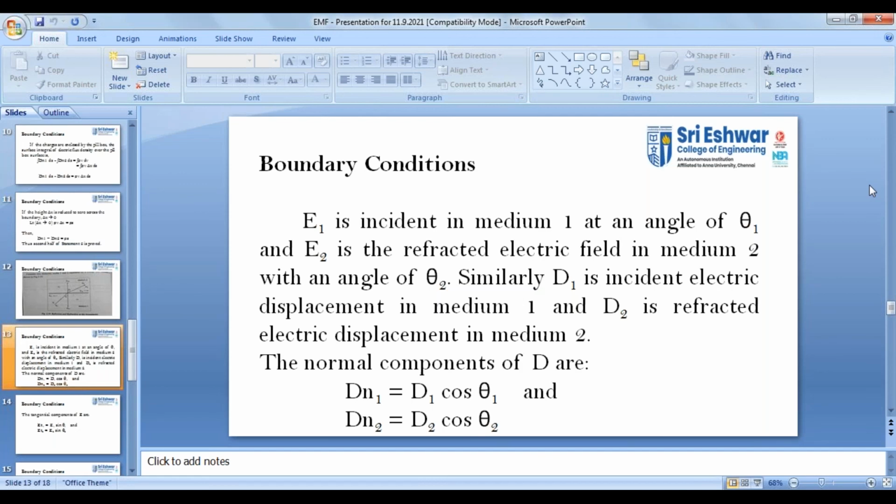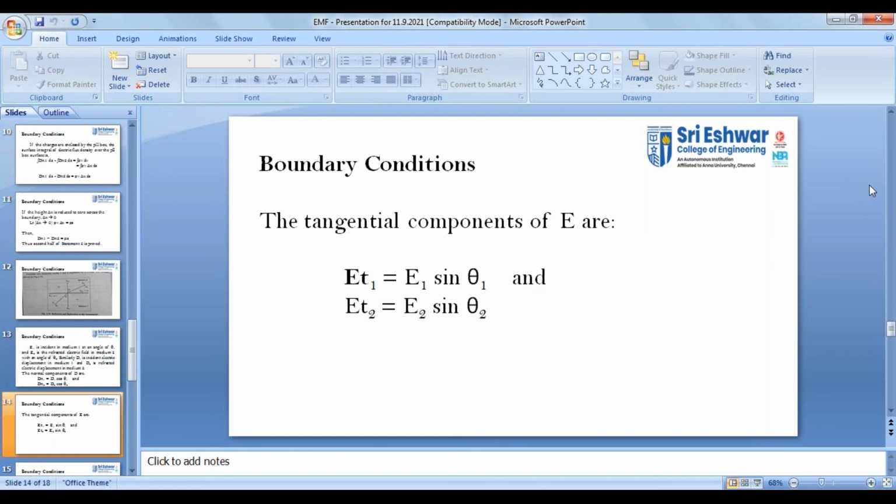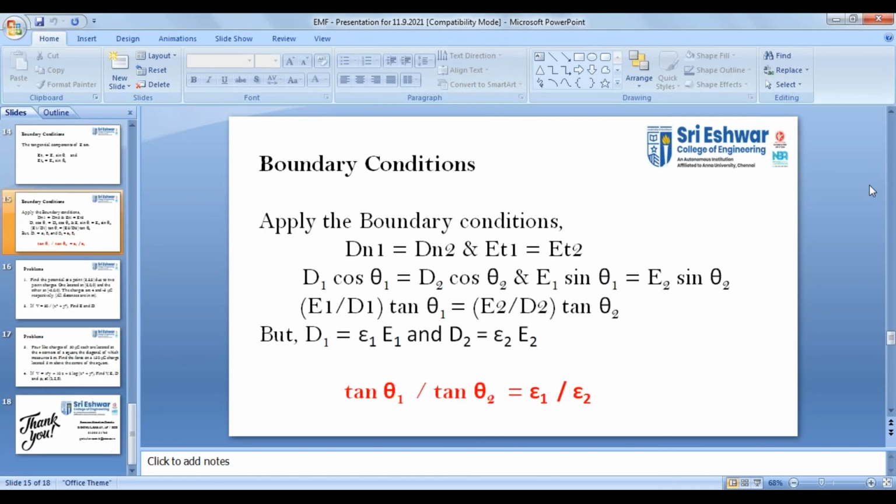The normal components of D are Dn1 equals D1 cos theta 1 and Dn2 equals D2 cos theta 2. The tangential components of E are Et1 equals E1 sin theta 1 and Et2 equals E2 sin theta 2. Applying the boundary conditions Dn1 equals Dn2 and Et1 equals Et2, I get the final expression: tan theta 1 by tan theta 2 is equal to epsilon 1 by epsilon 2.